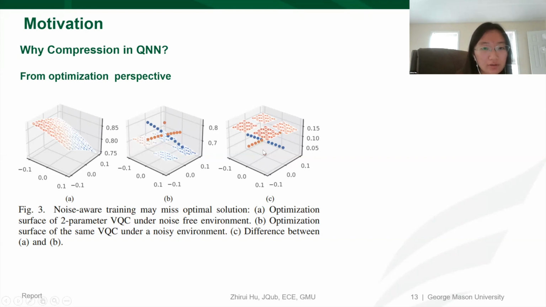And even if we use noise-aware training, we can use some gradient descent-based optimizer to find the best point. However, it is difficult for a gradient descent-based algorithm to find the points that are out of the surface. So I think it is important to do something that can remove the gates, which is called compression.